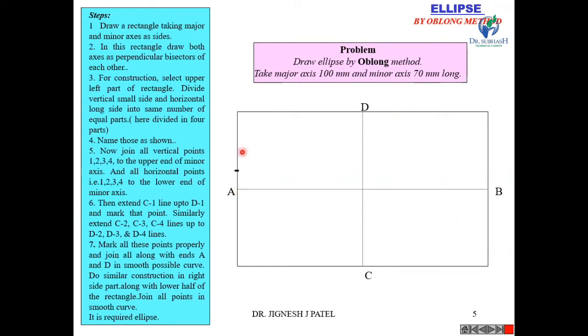Now from A upward, mark points at nearly equal distances and name them 1, 2, 3, 4. Similarly, mark points on the line AB and name them 1, 2, 3, 4. Remember that the points are marked from A on the vertical line as well as the horizontal line.